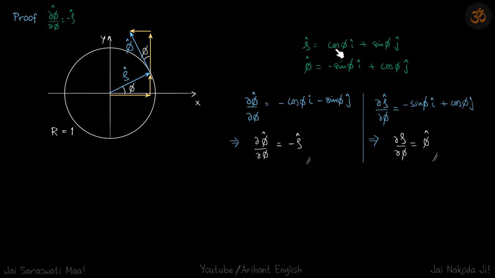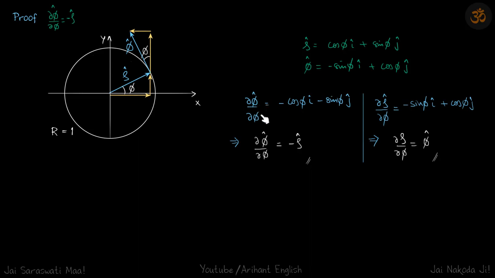The vector sum of cos phi i cap and sin phi j cap will give rho cap. And similarly for phi cap, the magnitudes of phi cap and rho cap are both 1. So phi cap can be written as cos phi j cap minus sin phi i cap.